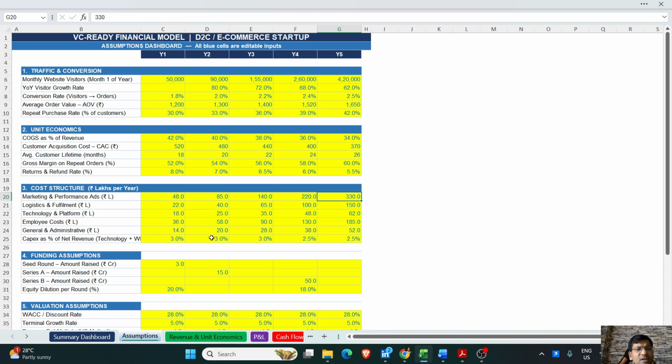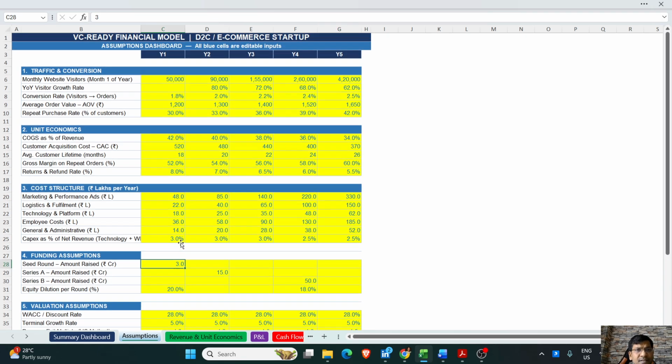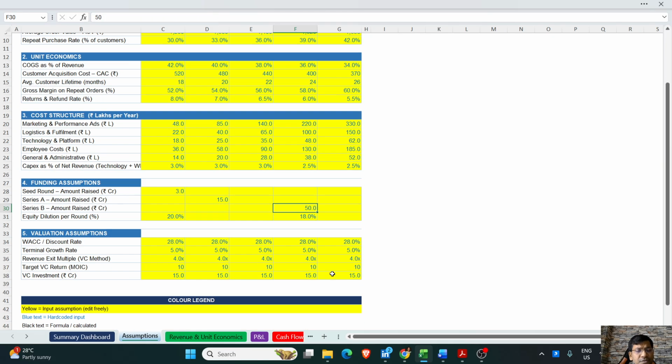And then we can say that the company will also raise some money in funding, 3 crores in the first year, 15 crores in the second year, and then in the fourth year 50 crores. For the valuation module, we will also say what the discounting rate is which the user expects, that is, if someone invests in the company, at what return expectation will they discount the cash flows to arrive at the valuation of the company.